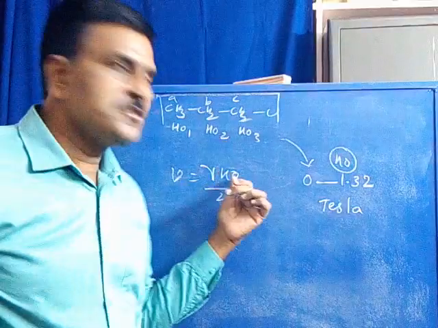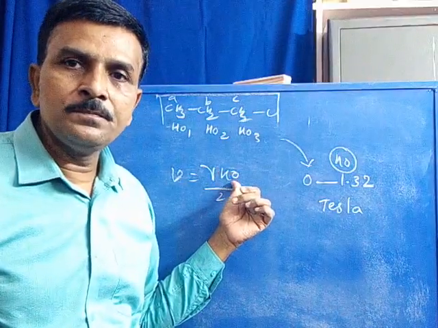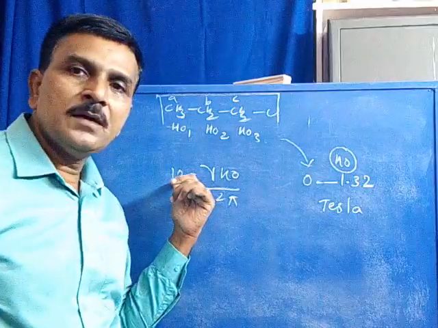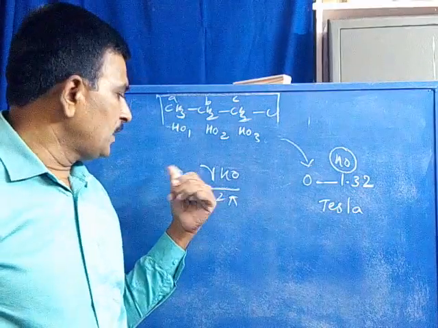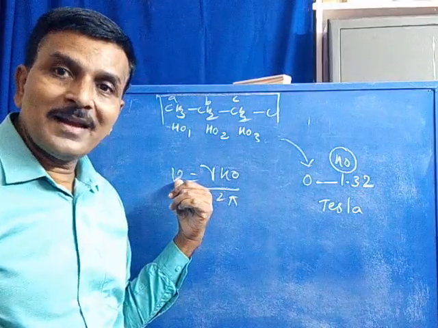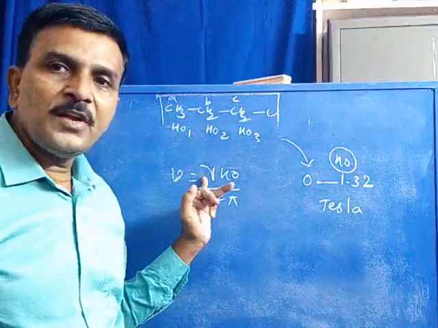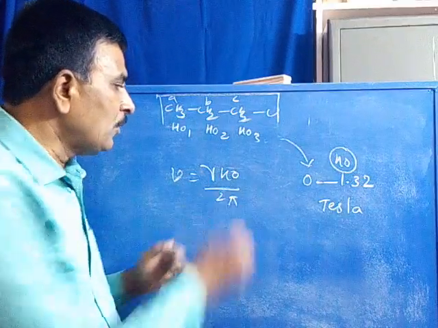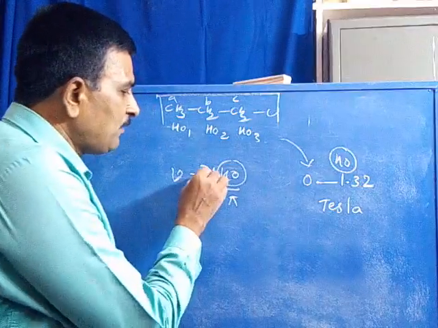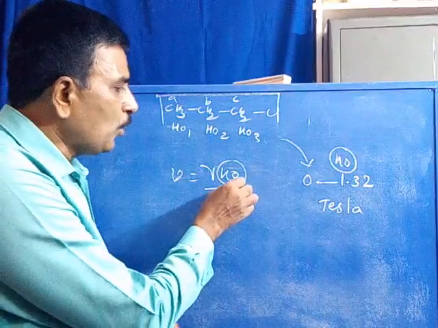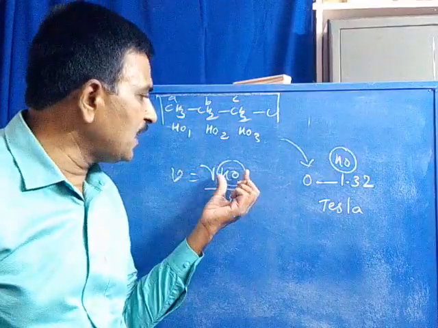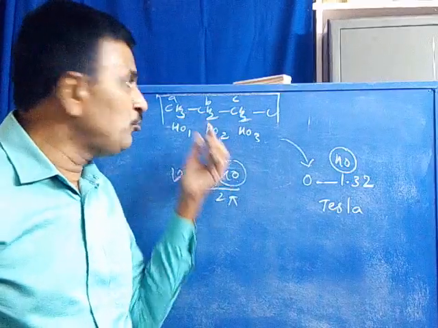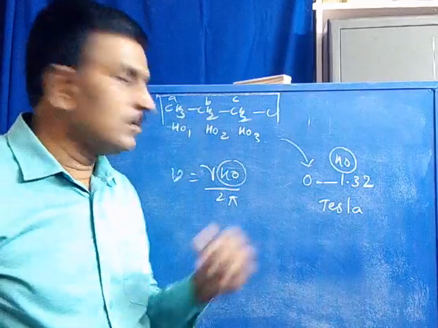now when H0 values are not known, how can we get the absorption frequency? Absorption frequencies are calculated by substituting the gamma value, H0 value and 2 pi value. Now we have the gamma value and the 2 pi value, but we don't know the H0 value. The external magnetic field consumed by CH3 is not known.